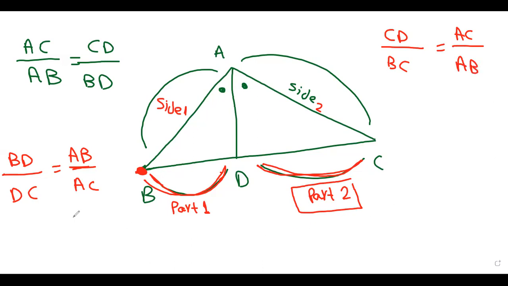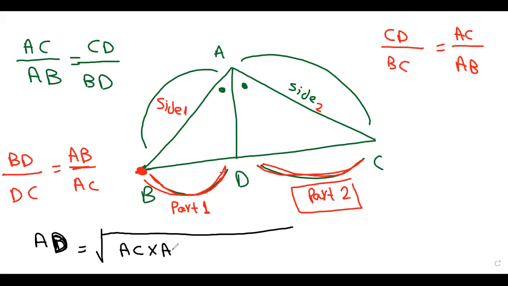That's it. And if you are going to find the length of the angle bisector AD, how can we find the length of AD? AD will be equal to the square root of AC times AB, side 1 times side 2, minus part 1 times part 2, which are BD times DC.